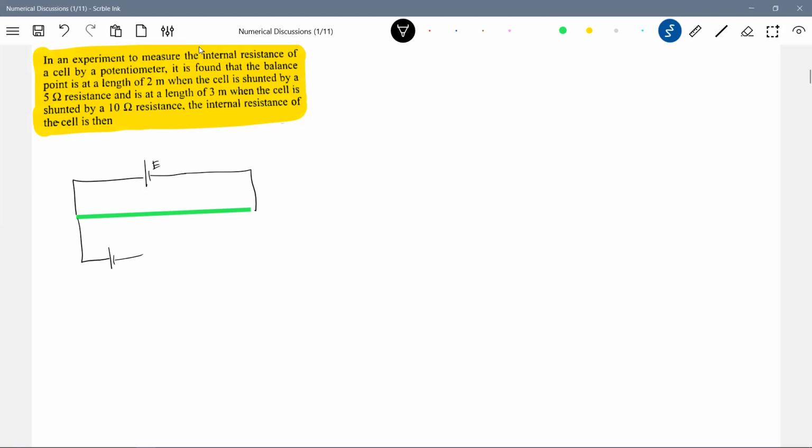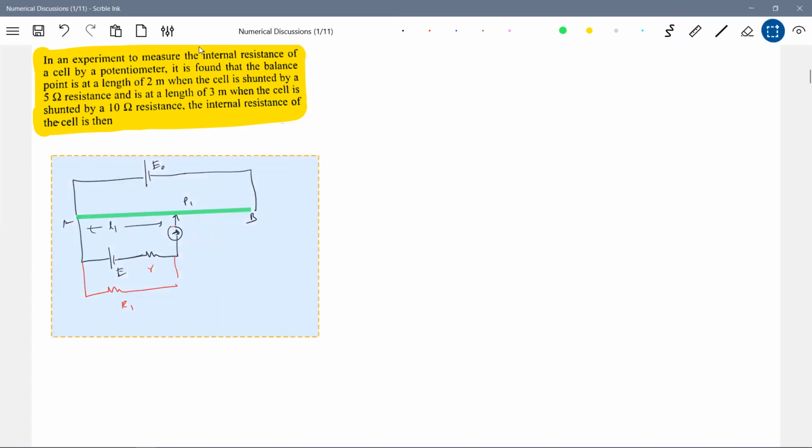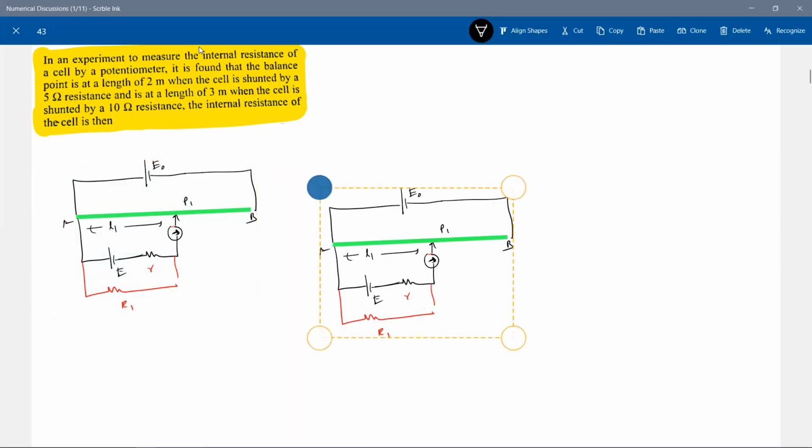This is a standard cell E naught, and this is some E. The internal resistance of this cell has to be determined. It is shunted by a resistance, say R1. So what is the balancing length? This is the length, we'll write L1. So A, P1, B. Let's have a small circuit so that it will be easy for us to analyze.